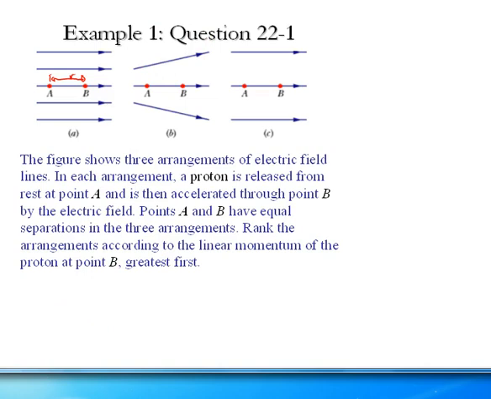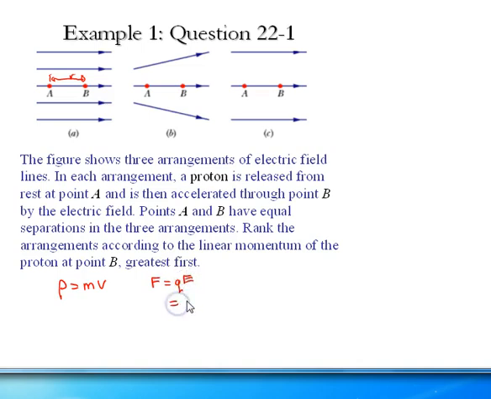If we recall, linear momentum, I think we usually use rho, is equal to mass times velocity. What we also have here is that the force on this proton is equal to the electric field times the charge.